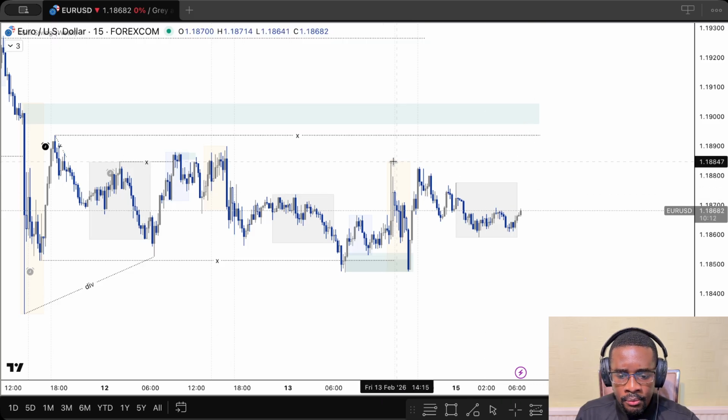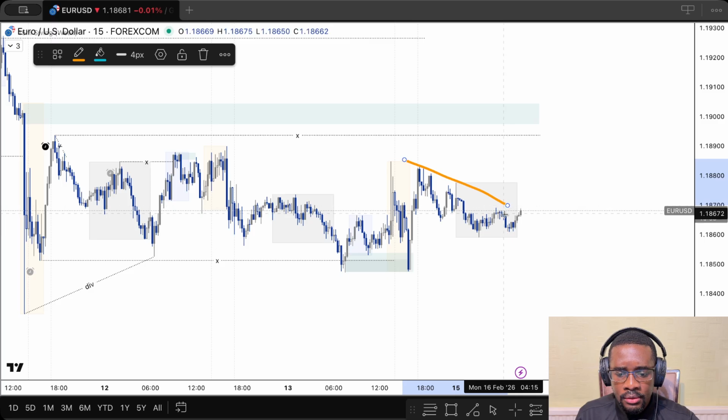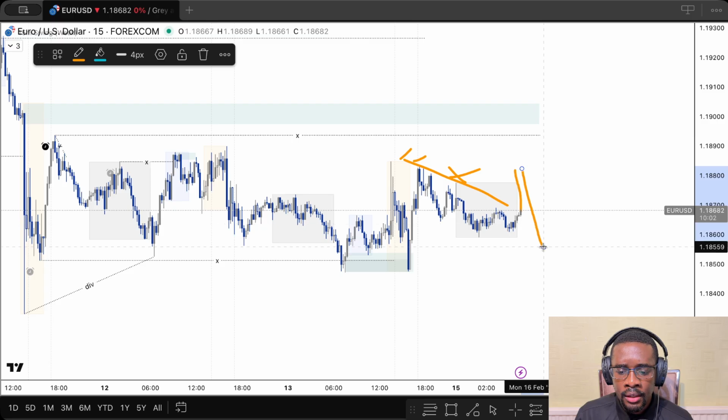And then maybe in the meantime, I'm looking at this as resting liquidity. Price may take this and then have a strong reaction. So you might get a trade just from this area up here, after this liquidity has been taken, and then maybe targeting these lows or this low down there.